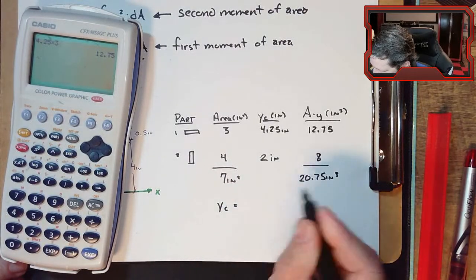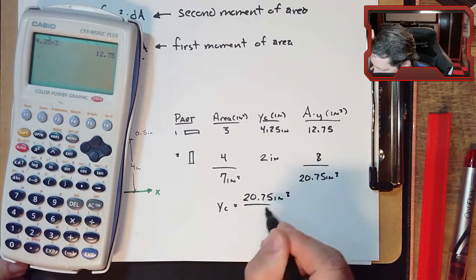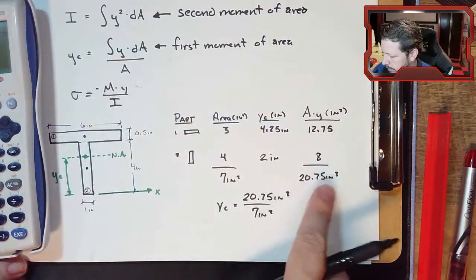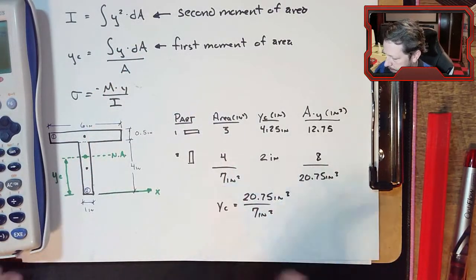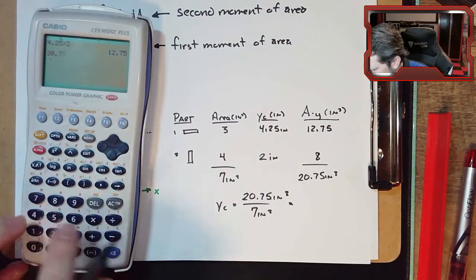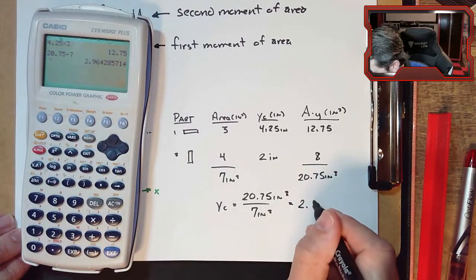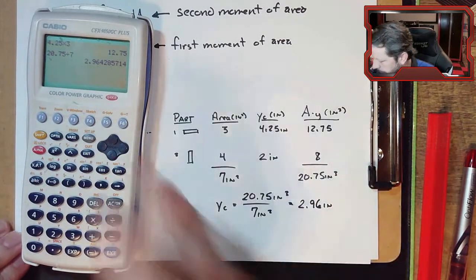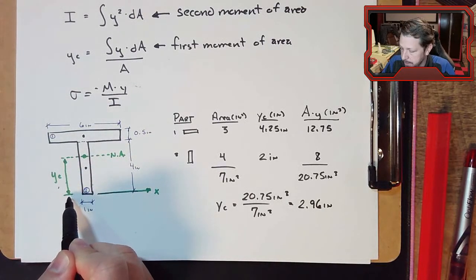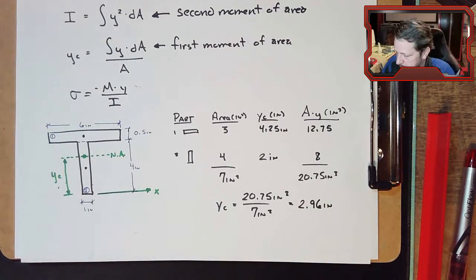Y sub c is equal to 20.75 inches cubed divided by 7 inches squared. That's the numerator here, the total area here. 20.75 divided by 7 is 2.96 inches. So that says that this distance from the bottom, from our reference up to the neutral axis, is 2.96 inches. So we've got that.